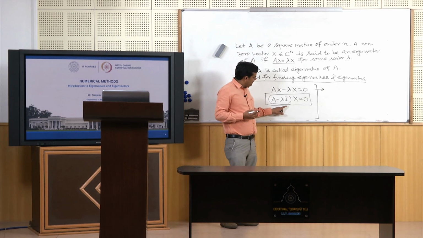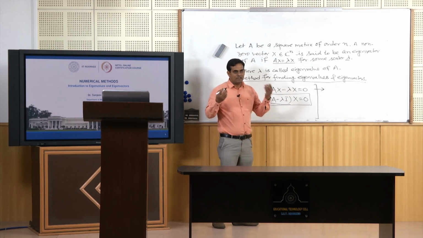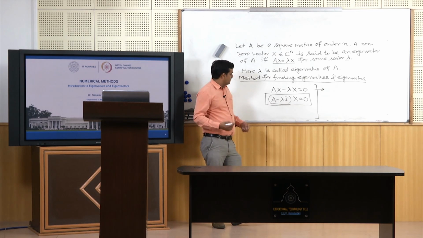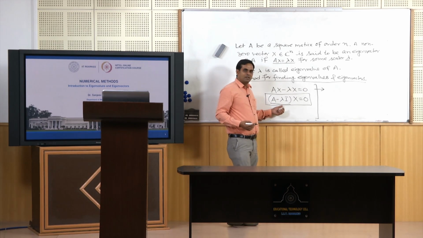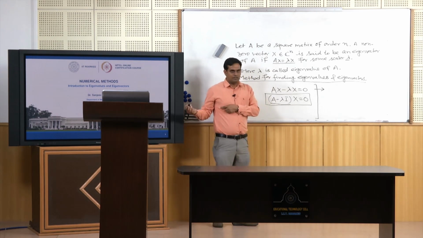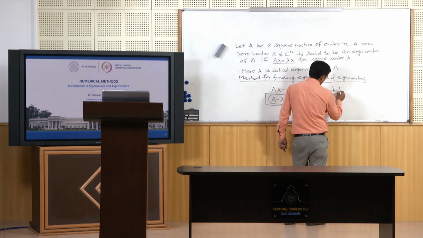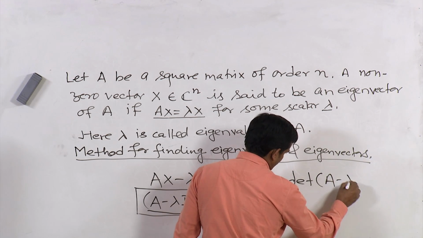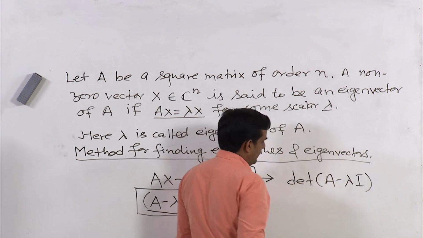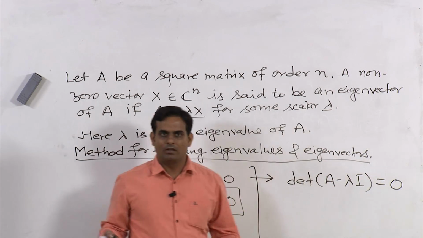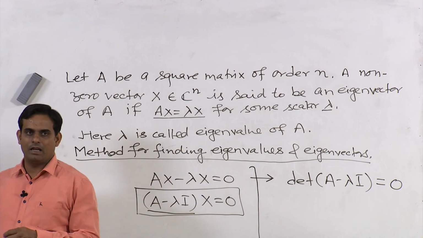If it has a non-zero solution, the rank of A minus lambda I should be less than n. It means the determinant of A minus lambda I should be 0, because the rank is less than n.